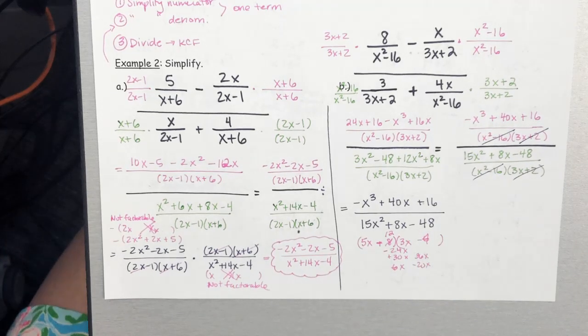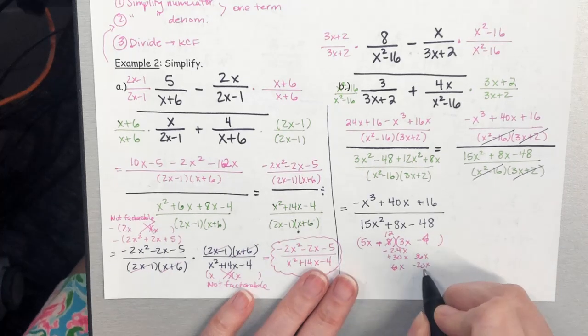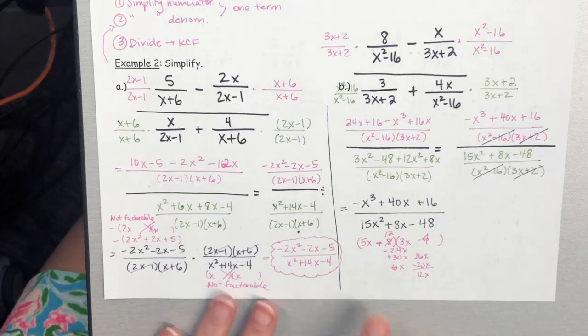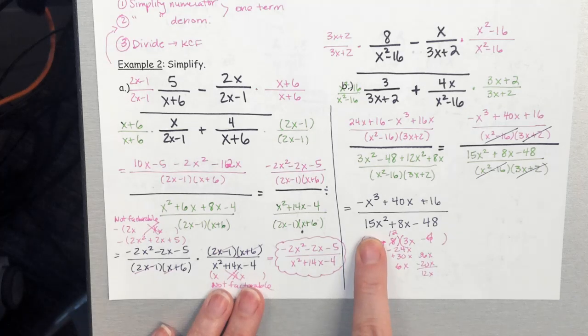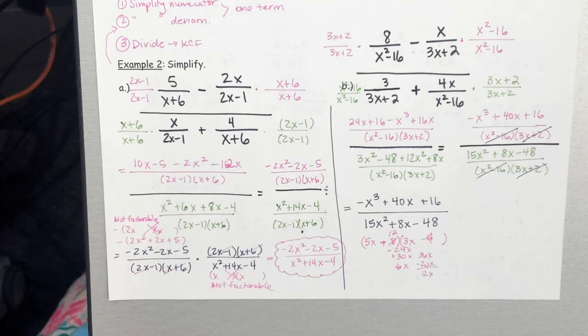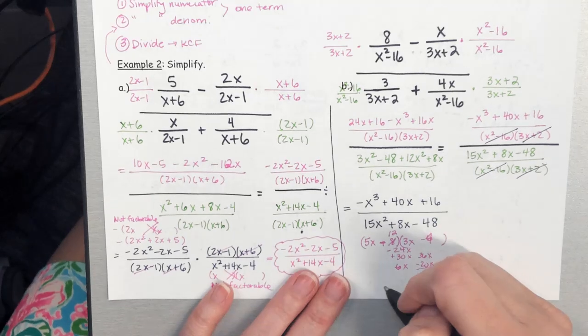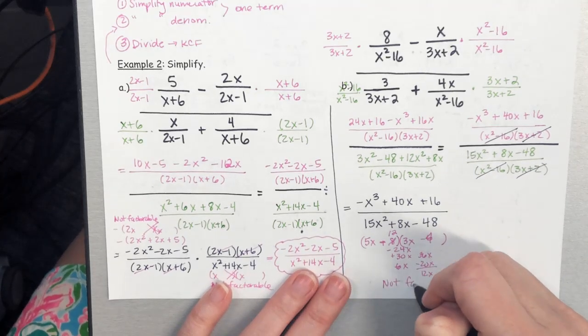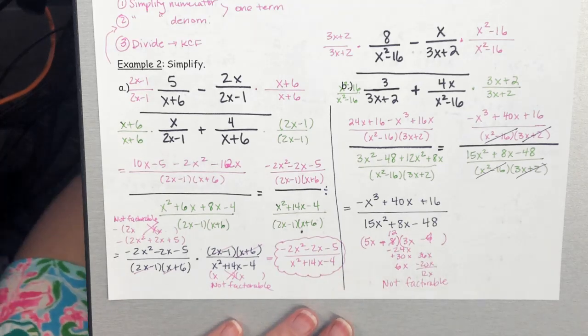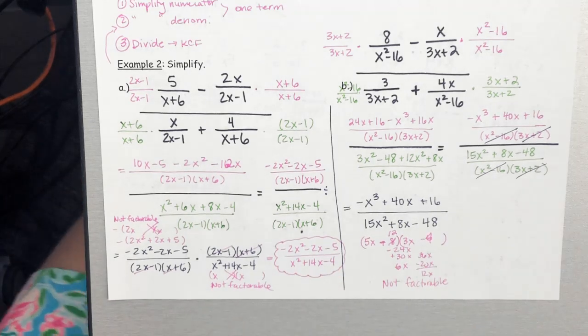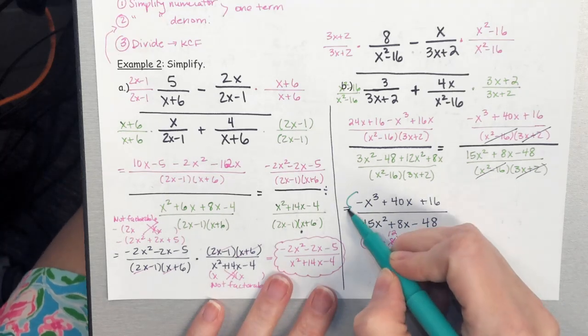Okay, so you do have to do some of the guessing and checking here, but there are no factors that are going to FOIL to 15x squared plus 8x minus 48. Okay, so if it's not factorable, then you're going to leave it like this.